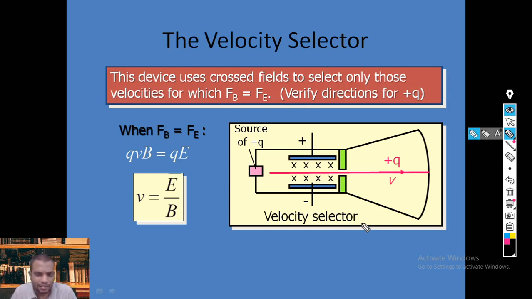Go through the Thomson experiment and see how he controlled the velocity of the electrons, by using the crossed electric field and magnetic field. So this is a simple expression: the velocity of the electron v equals E upon B.